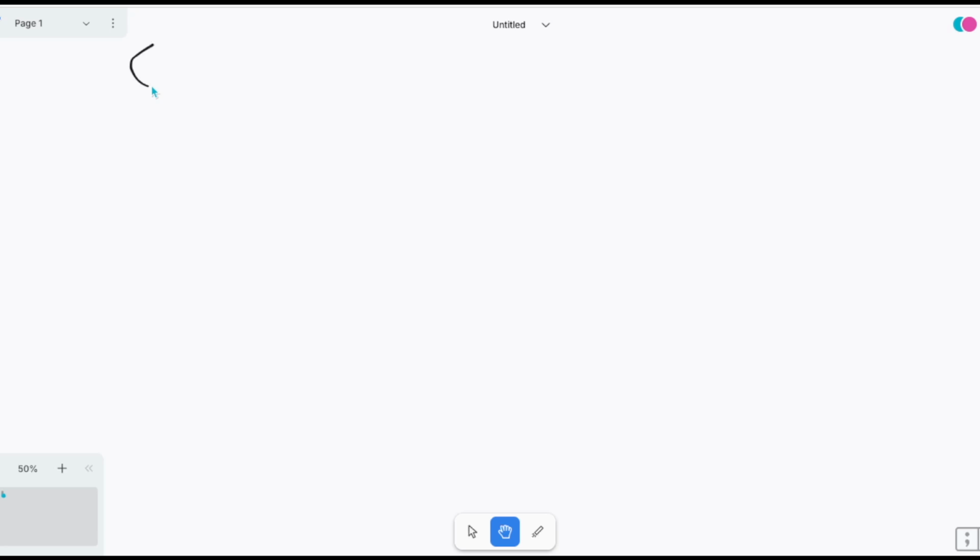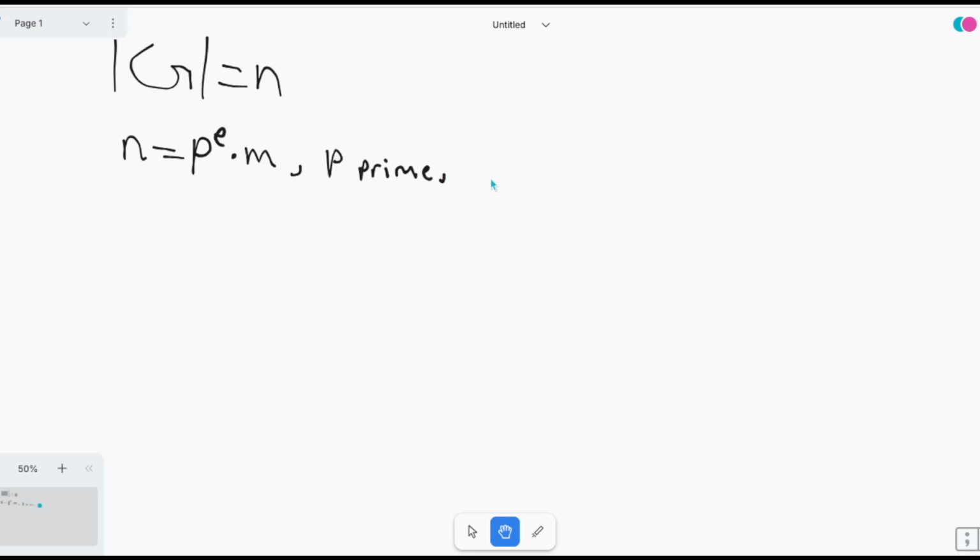So we have a group G with order n, and n equals p to the e times m, where p is prime and m is coprime to p, which is to say e is the greatest it could be, such that m is an integer.